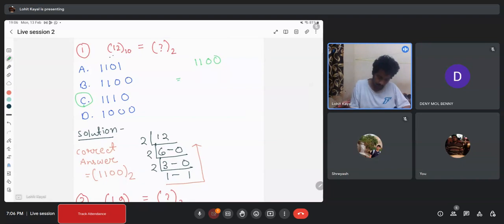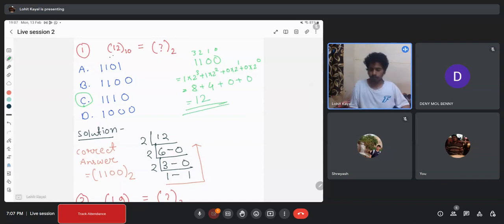You count like this. It starts from 0, then 1, then 2, then 3. Now 1 into 2 to the power 3, because the base is 2 as it is a binary number, plus 1 into 2 square, plus 0 into 2 to the power 1, plus 0 into 2 to the power 0. So it gives me 8 plus 4 plus 0 plus 0. So this answer is 12.